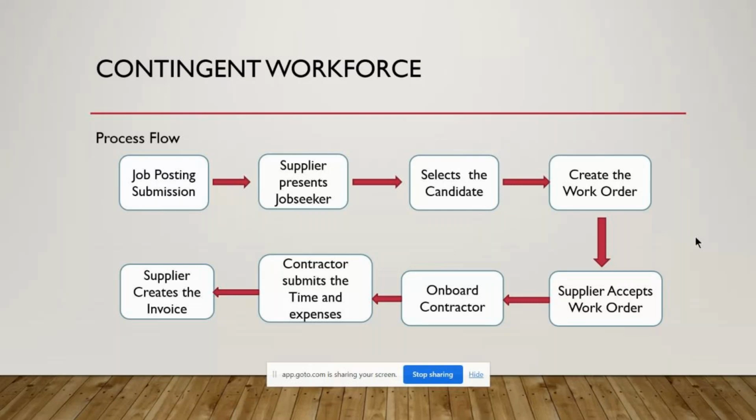But simultaneously, the same work order is generated in Ariba also. There won't be a work order there; there will be a purchase order. Whatever details we have in the work order, similarly, a purchase order is created in Ariba, and the response will be sent back to Fieldglass.